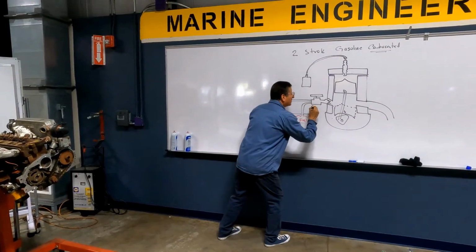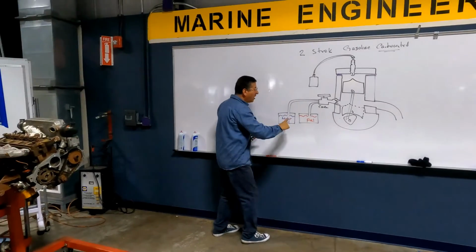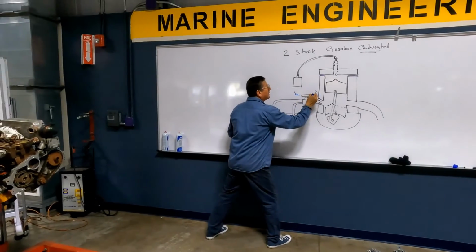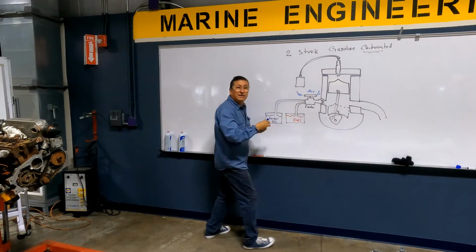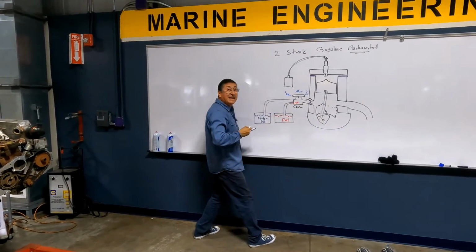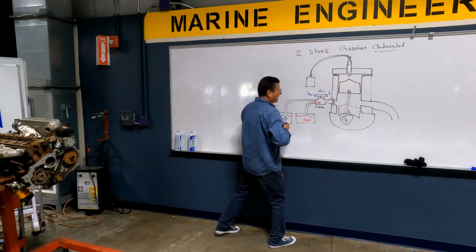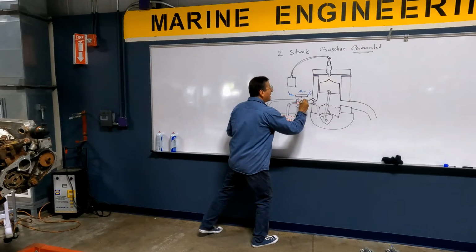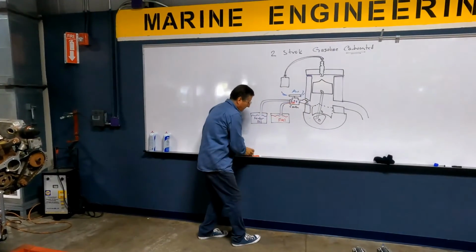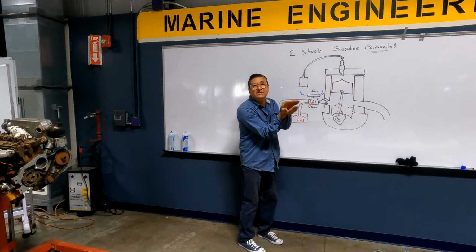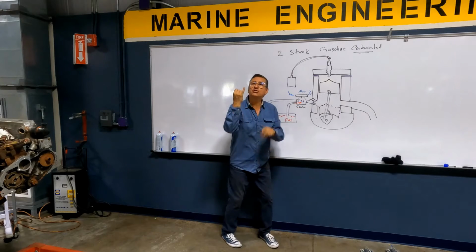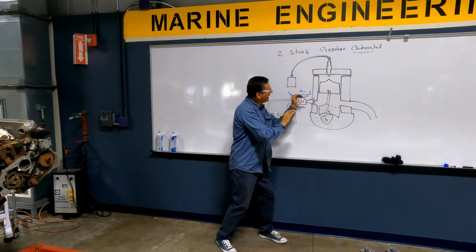This is the carburetor. The carburetor allows the intrusion of what? Air filter, fuel, and oil. You know? Here we have a reed valve that, with the pressure, opens and allows that mixture, air, oil, and fuel, to enter over there.